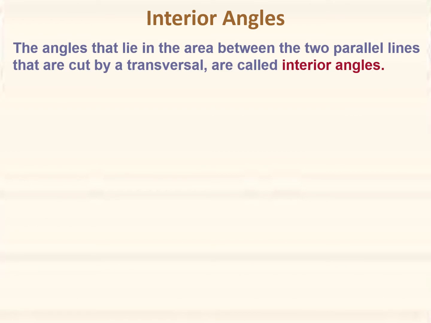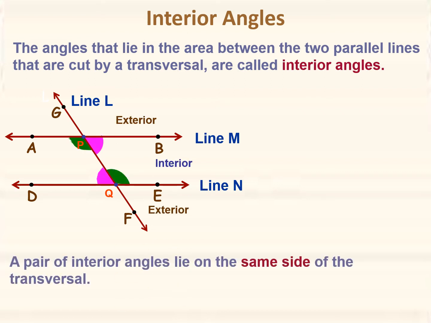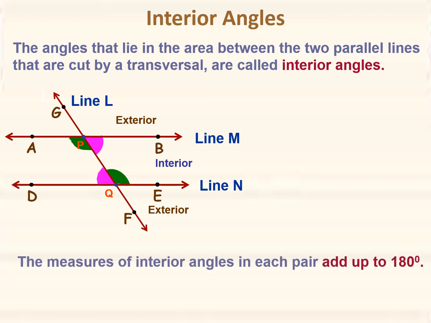The angles that lie in the area between the two parallel lines that are cut by a transversal are called interior angles. It is inside, okay? So if we have this diagram, a pair of interior angles lie on the same side of the transversal. The measures of the interior angles in each pair add up to 180 degrees.